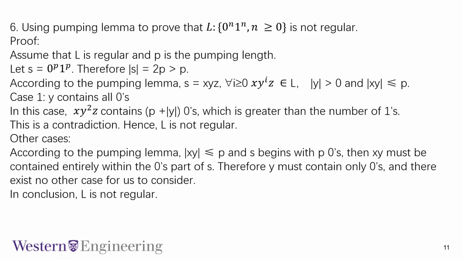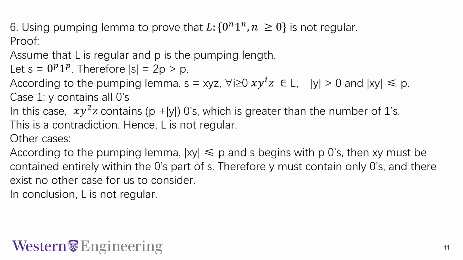Then we need to choose a specific string S from L. Here we can choose the string S equals 0 to the P, 1 to the P. Then |S| equals 2P, which is greater than P.